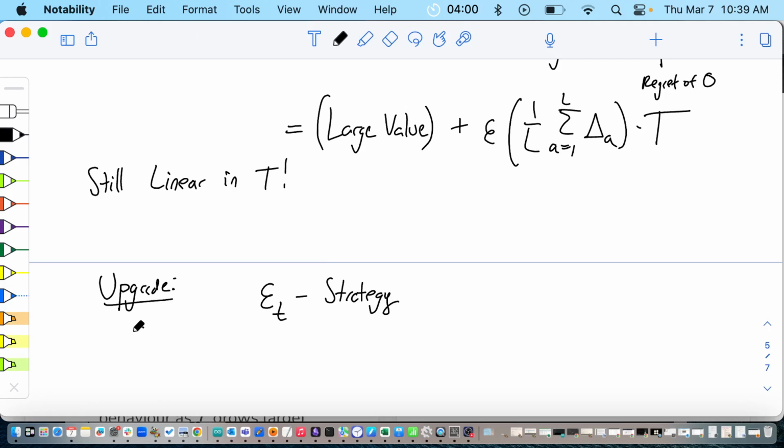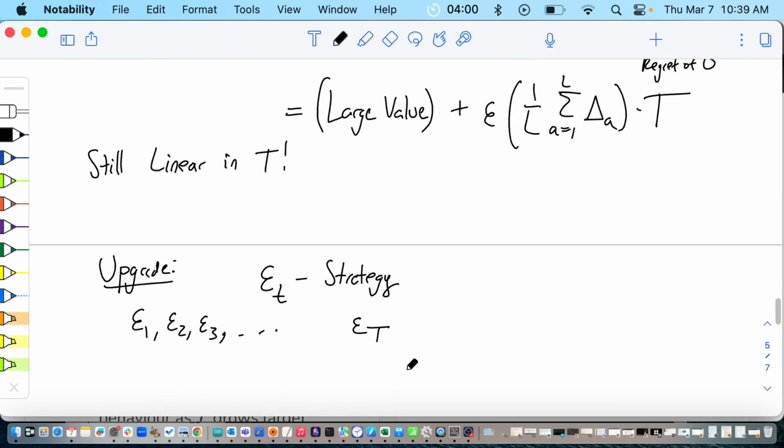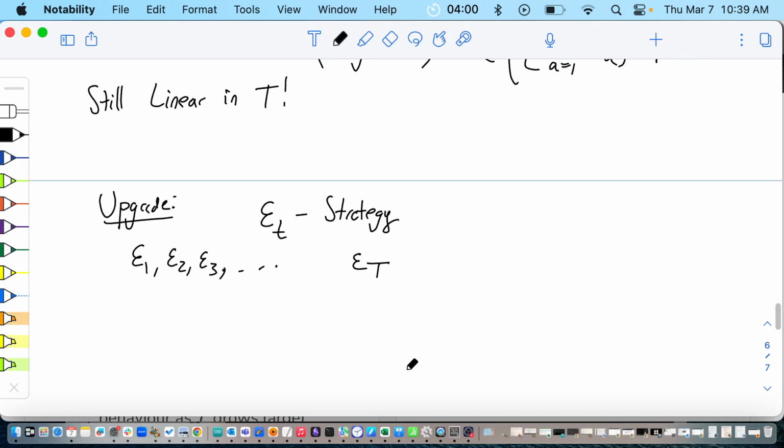So you have an epsilon 1, an epsilon 2, an epsilon 3, all the way up to epsilon capital T. You have this schedule of epsilons that is going down to 0. That's why it's called annealing. And then you do the epsilon-greedy strategy using the value epsilon t at time t. So at time t, do epsilon-greedy with epsilon equals epsilon t.